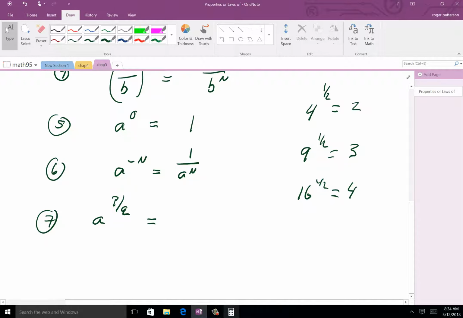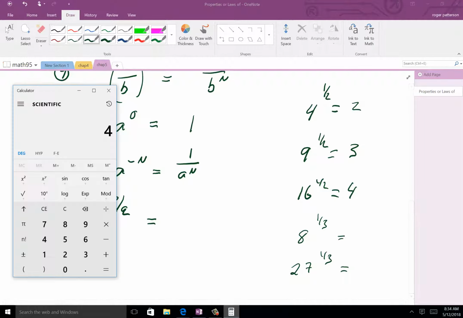Well, let's try some of these then. So let's go 8 to the 1/3, 27 to the 1/3, and see what those are. If our idea is true, then what should be happening here? If it's a 1/3, what do you think is going to happen? Cube root. Let's try it out.